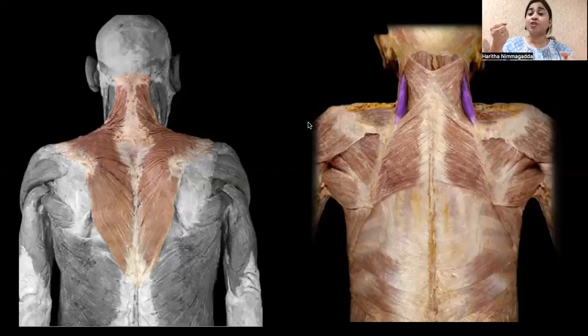The weight you are carrying with one hand is transferred to the axial skeleton via the pectoral girdle, and from there between the two lower limbs, and via them to the ground. That's how the weight we carry is transferred to the axial skeleton by the pectoral girdle. I hope you understand the functional aspect of it.